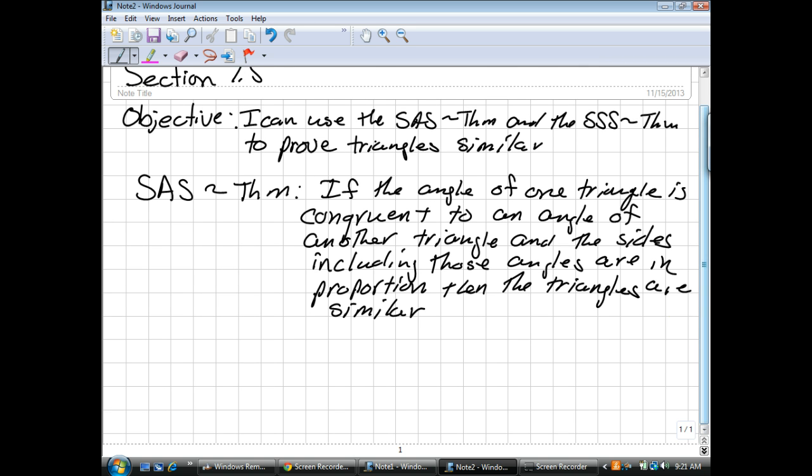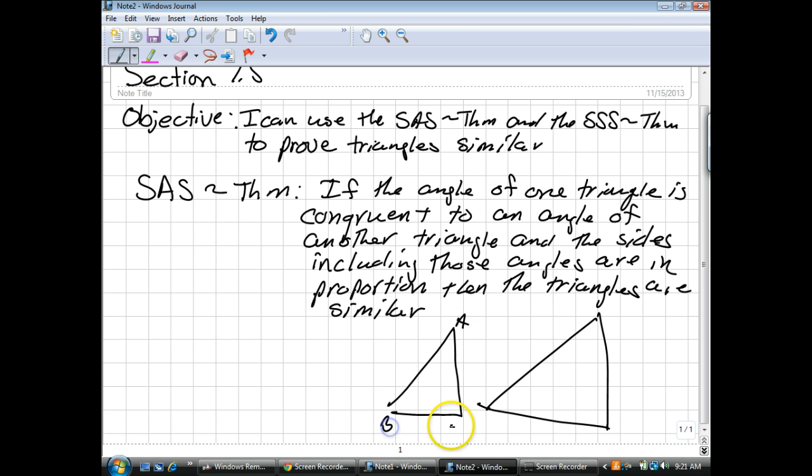Alright, so basically, if I have this triangle and this triangle, where this is A, B, C, and this is X, Y, Z, and I know this angle is congruent to this angle, and I know this side is 3, this is 4, this is 6, and this is 8.